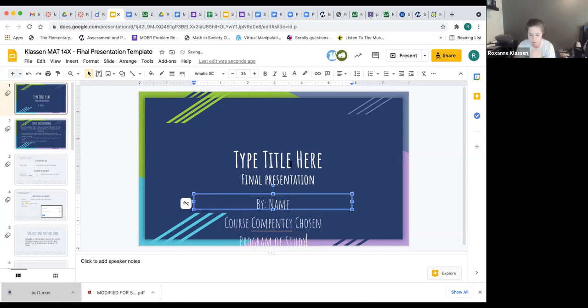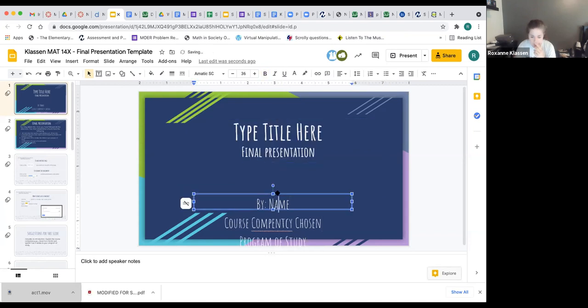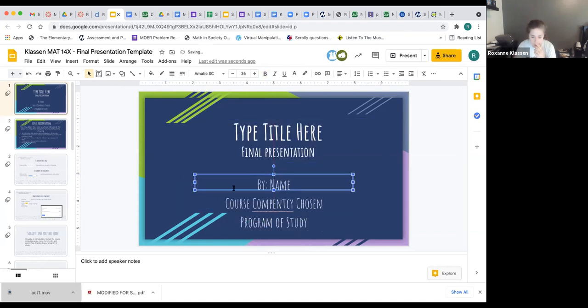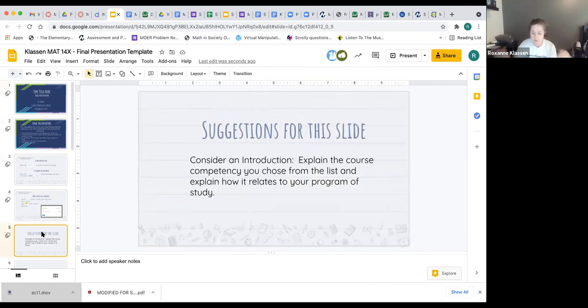You can put that right there if you need more slide room for other things. Oh, that's not spelled right. Okay, I have it right here. Consider an introduction.